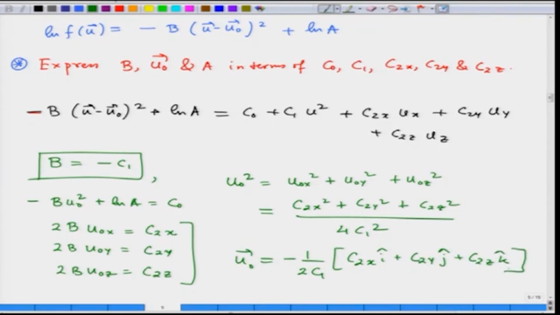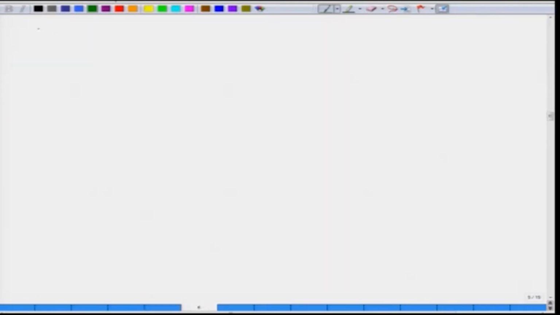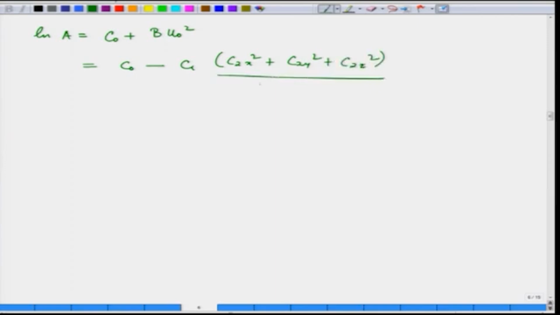Okay. Now, finally, you can write log A is equal to C0 plus b u0 square. u0 square you now know what that is, that will be C2x square plus C2y square plus C2z square by 4 C1 square.